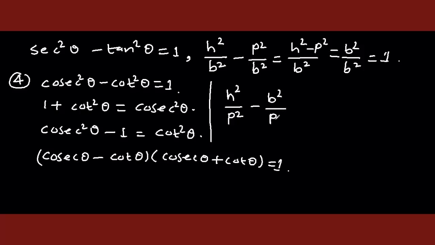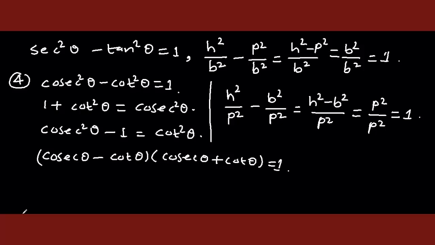So this is h square minus b square by p square, and this is equal to p square by p square. From Pythagoras theorem, h square minus b square is equal to p square. So this is equal to 1. Okay, so these are the fundamental trigonometrical identities.